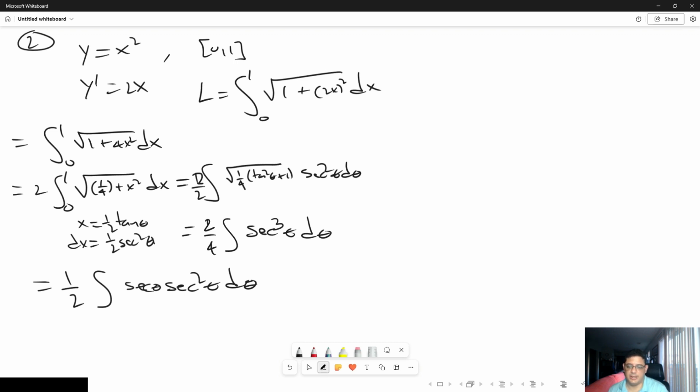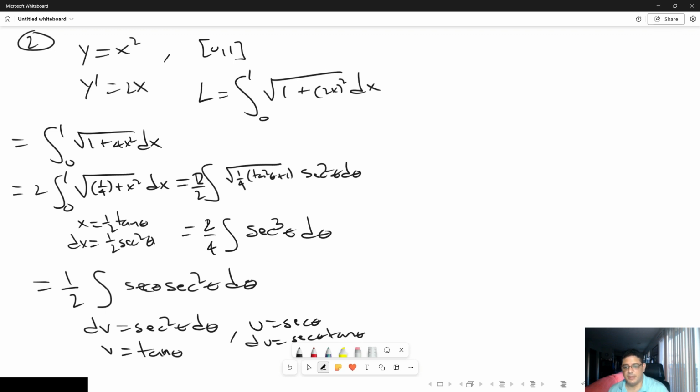Then I can try and do something, but here the substitution will have to be a tangent. So instead, what I'm going to do is integration by parts. I'm going to assume that dv is secant squared of theta d theta, because this is easy to integrate. v is tangent, and then I pick u equals secant of theta, and so du is secant of theta tangent of theta.